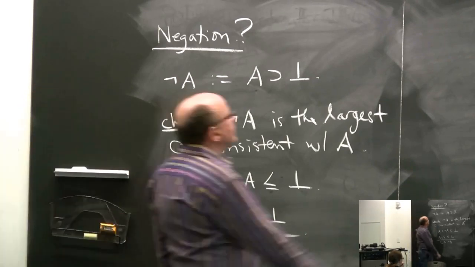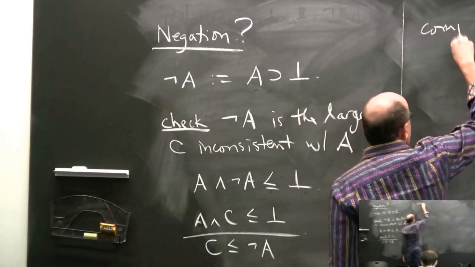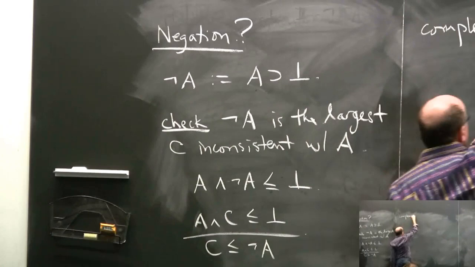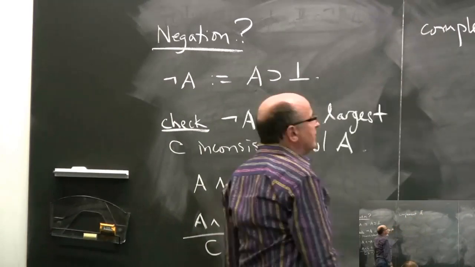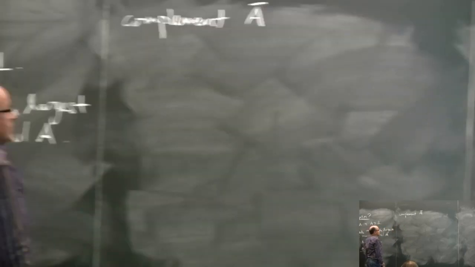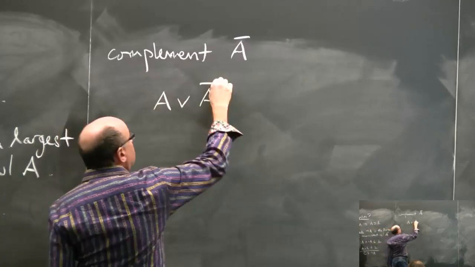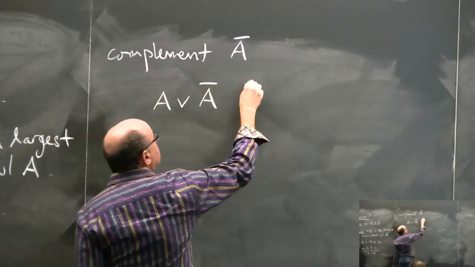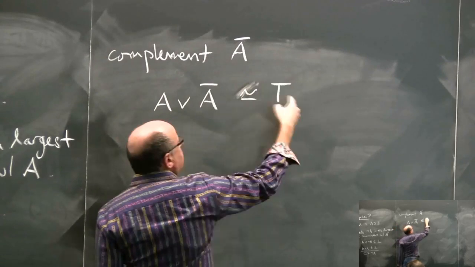But then I will define another thing, which is the idea of the complement, which I'll write a bar here. Every notation you choose conflicts with some convention, but let's call that a bar, which is the complement, which has the property that A or not A is well equivalent to top, but it's always less than.